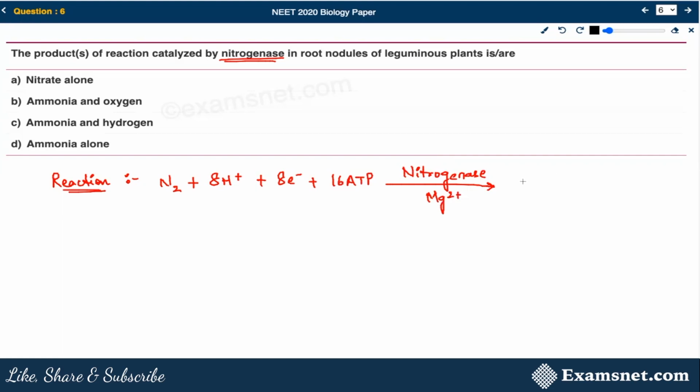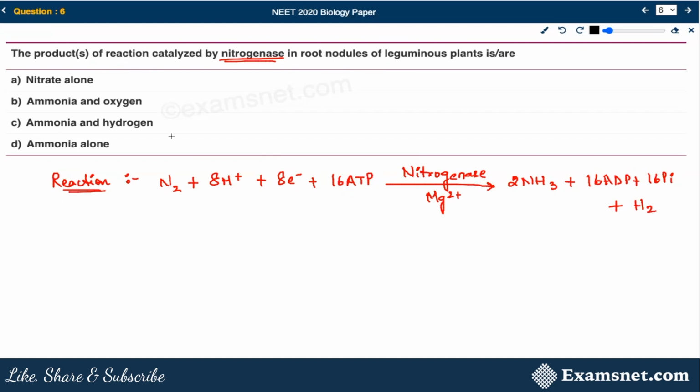This gives rise to 2 molecules of ammonia along with 16 ADP plus 16 Pi plus 1 molecule of hydrogen. This is the entire reaction of nitrogen fixation.